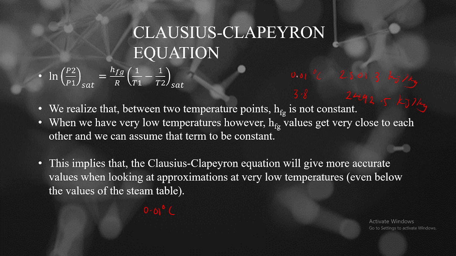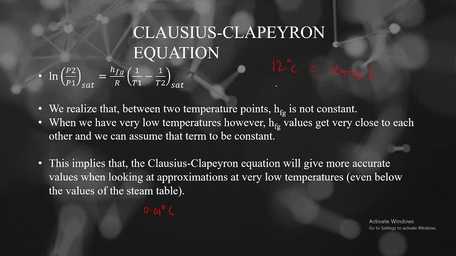Let me pick values that are a bit closer to each other to make this easier for us to relate to. Let me use 12 and 14. At 12 degrees Celsius, from the steam table, all we'll have is 2473.1 kilojoules per kilogram.